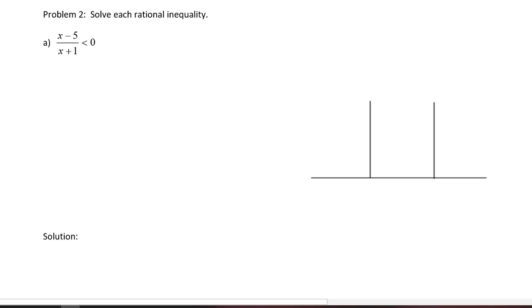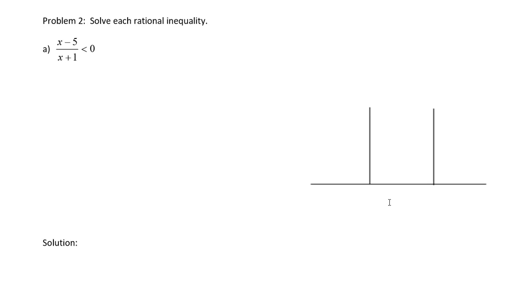Now let's take a look at exercise 2, where we need to solve each rational inequality. In this situation, we have a rational inequality where the denominator would be a vertical asymptote. So our vertical asymptote will be at -1. So you cannot include the endpoint no matter what, because it's a vertical asymptote.